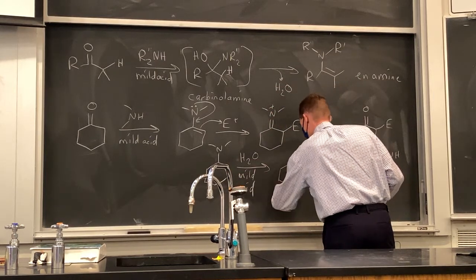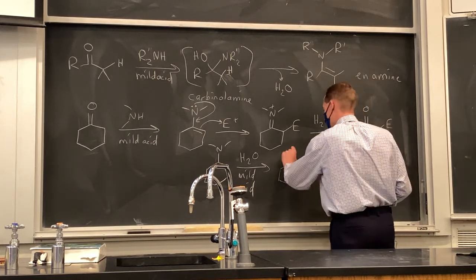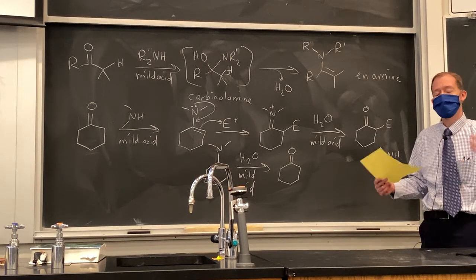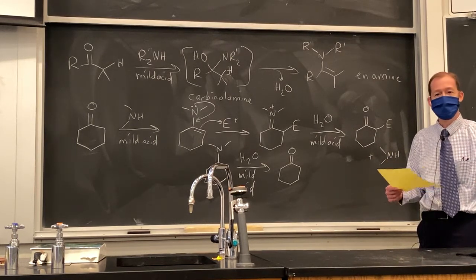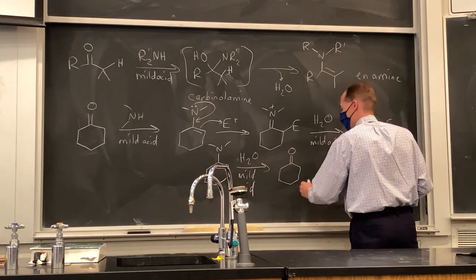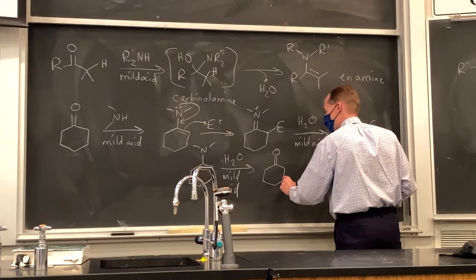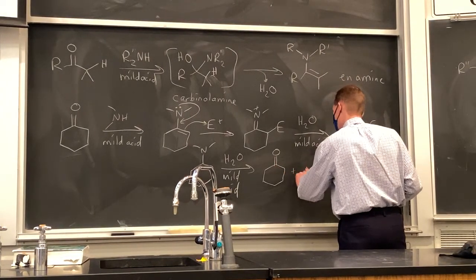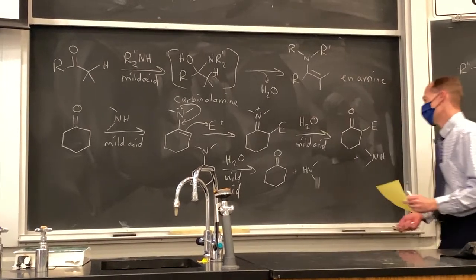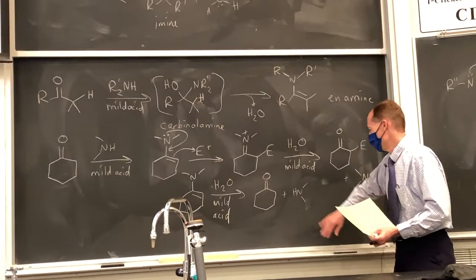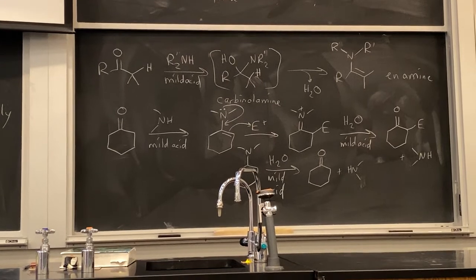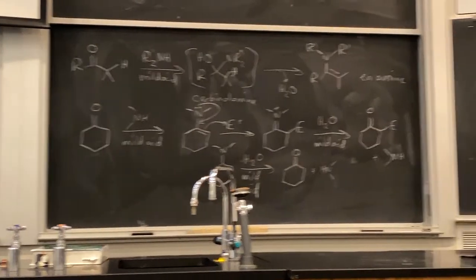Remember we also learned last semester that when we have an equilibrium process, we encounter the same intermediates and transition states just in opposite directions. And so we would just have the reverse mechanism of enamine formation in the presence of excess water and mild acid, giving us our ketone and our dimethylamine. Okay? Any questions about making enamines or hydrolyzing enamines?